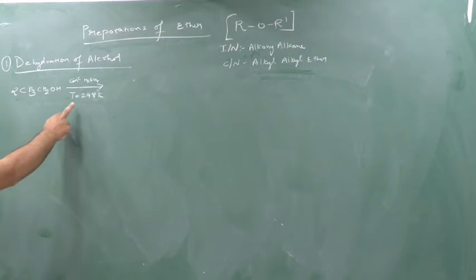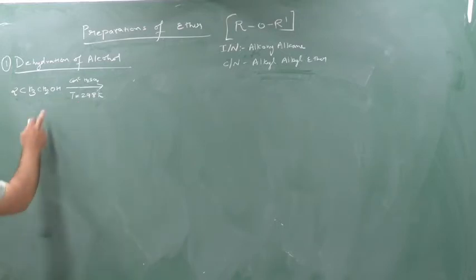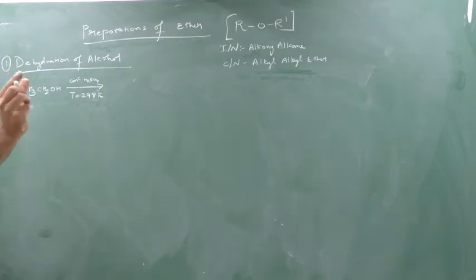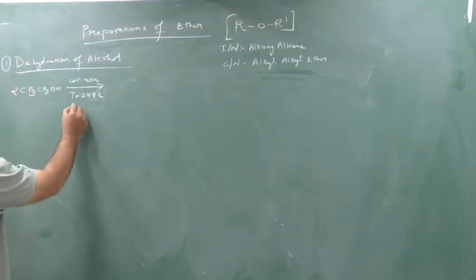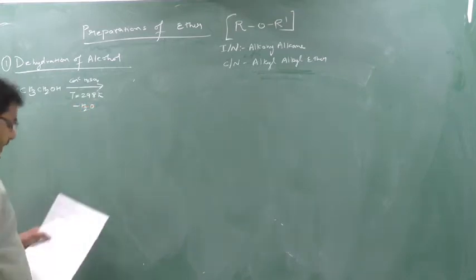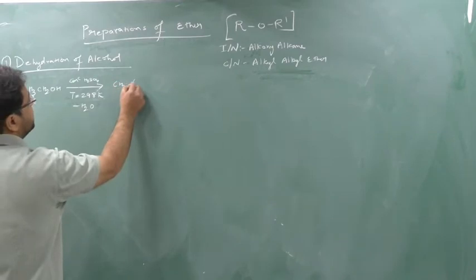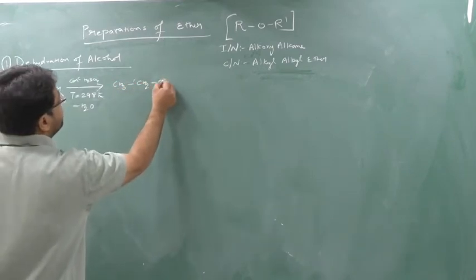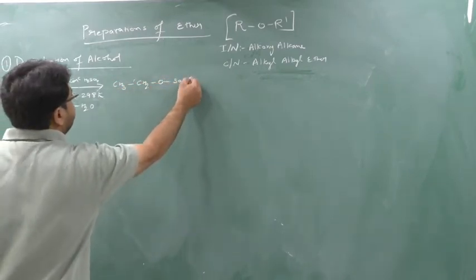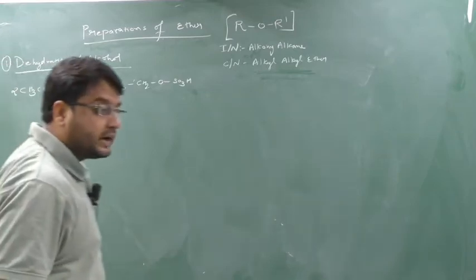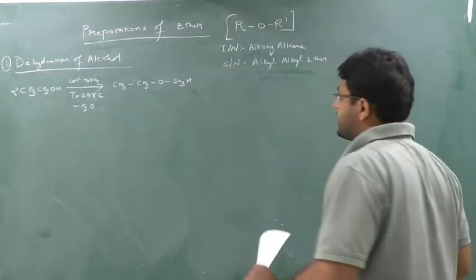So if I take 298 Kelvin temperature, what will happen? One OH and H will be removed. One OH from one molecule and H from the other molecule are removed as H2O. And here I will generate this compound, that is CH3CH2OSO3H. At 298 Kelvin, I will not generate alkene.